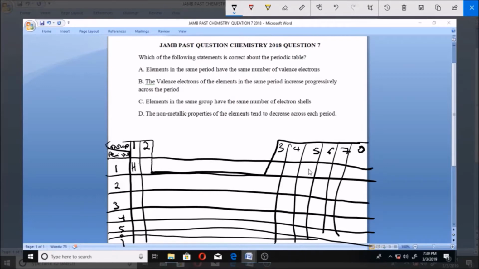You have hydrogen there, then in period 2 you have lithium and beryllium. Whereas on this other side you have boron, in group 3. Then under group 4 we have carbon, nitrogen, oxygen, fluorine, and neon.